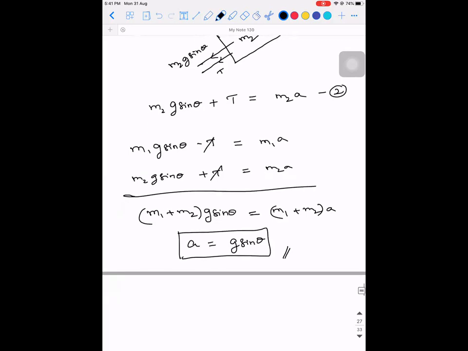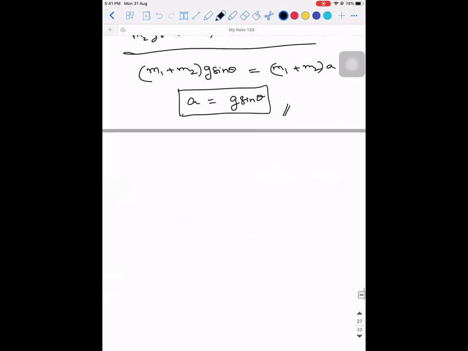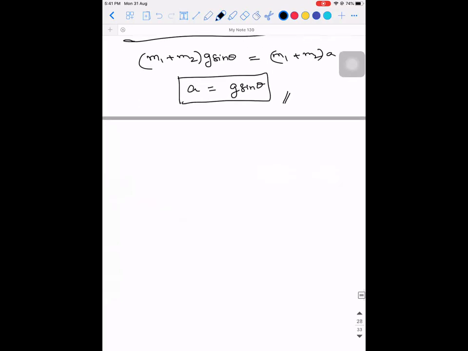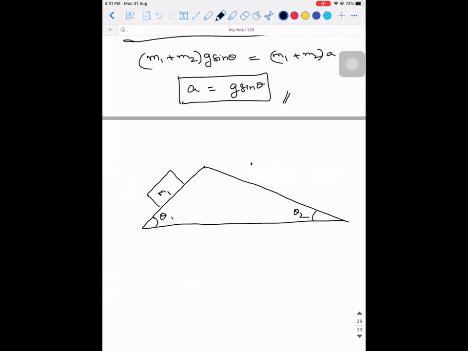Okay. Next, the last set is like this. The blocks will be on either side of the inclined plane, and they are connected with the help of a pulley.